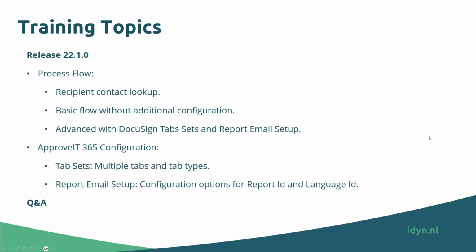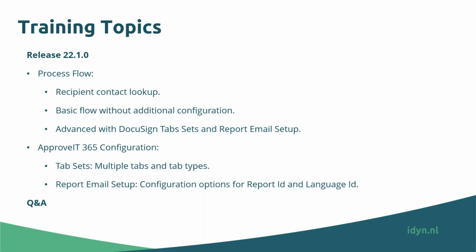We will be discussing the release of the previous week, 22.1, where we added mostly some advanced configuration options to allow for multiple tab sets, and with tab sets we mean the DocuSign tabs, where we can require the customer to fill in some data like signature or name or the job title or company.